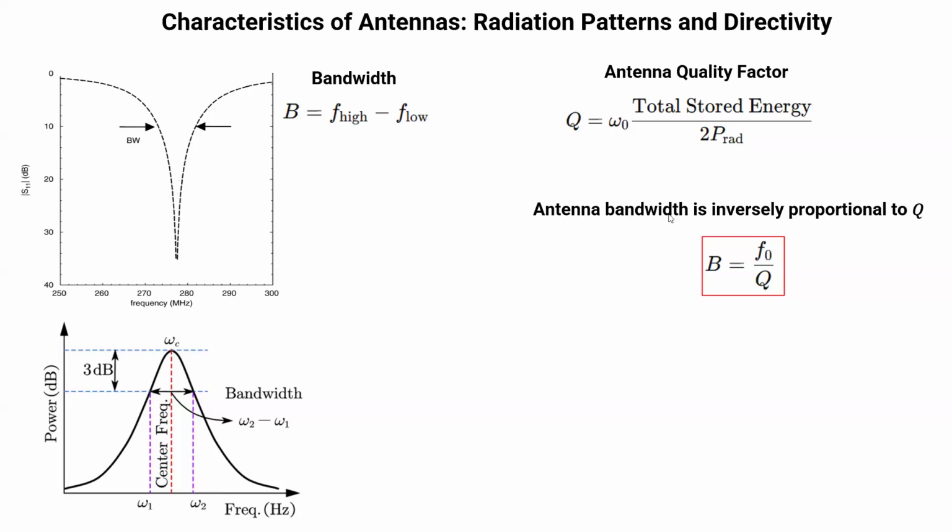Still, this quality factor is inversely proportional to the bandwidth, and the formula that connects the antenna bandwidth and the quality factor is this one. So the bandwidth is inversely proportional to the quality factor. For a given antenna, especially for data, for communications, we need the quality factor as low as possible.